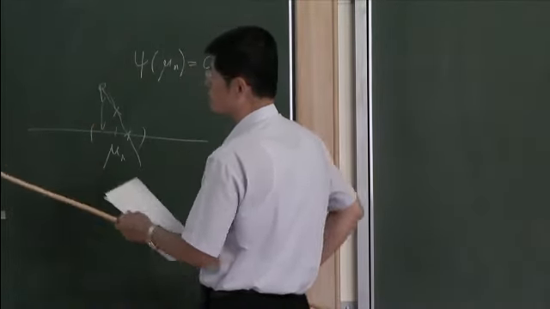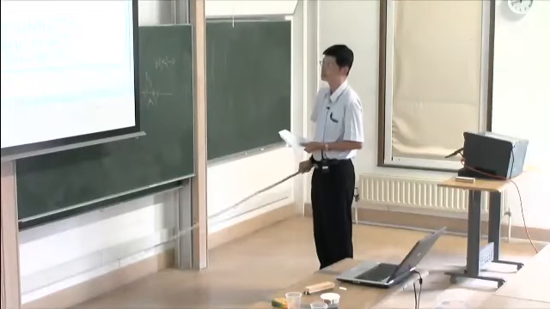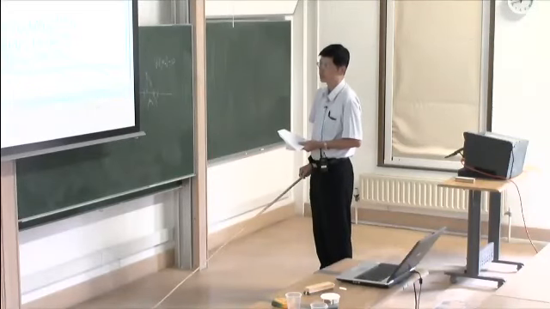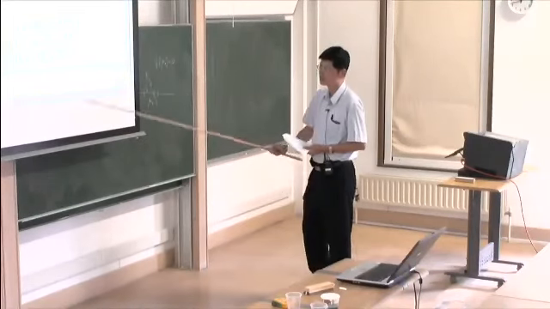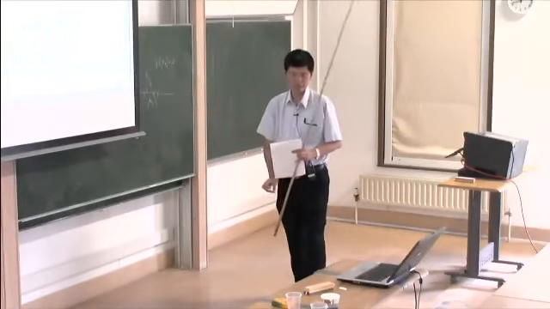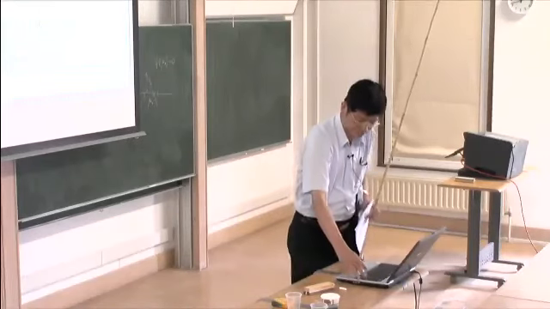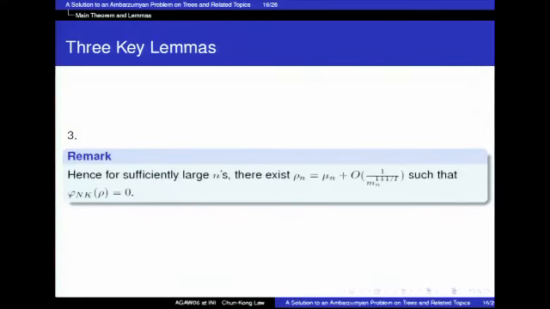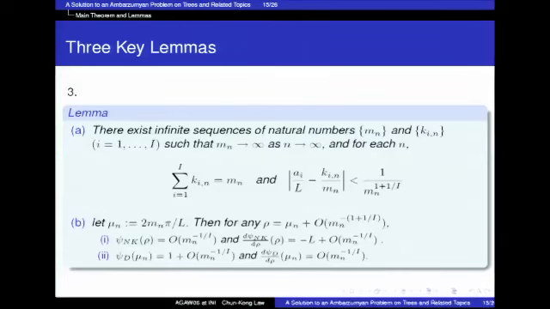That means psi will have a zero close to this mu_n. I'm sorry, I'm mixing up. So this is phi. This has to be phi. Okay, so this is the story that I want to tell.